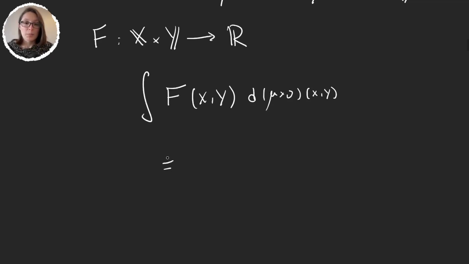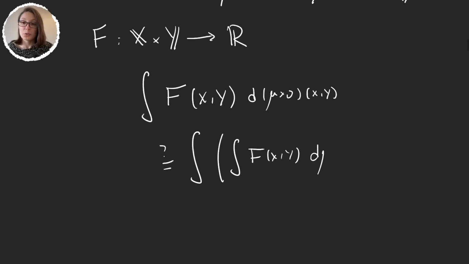So ideally, what we want is to try and see if we can, instead of integrating this, maybe this can be equal, we don't know, but hopefully we can somehow integrate first with respect to one variable, let's say with respect to mu, and then, now this will be a function of y, then we will integrate with respect to nu.